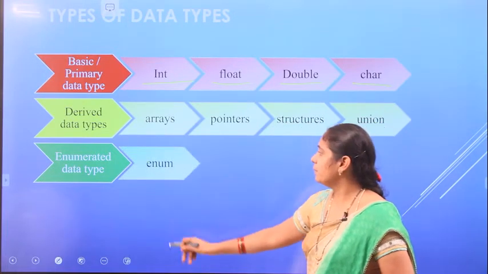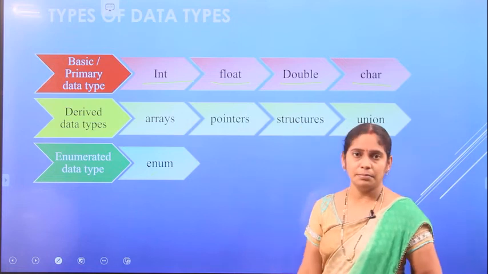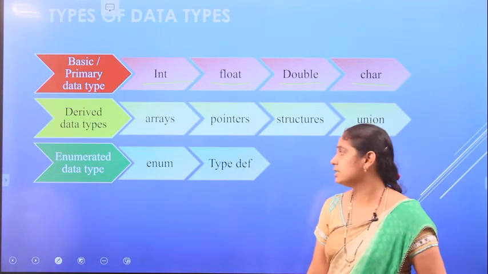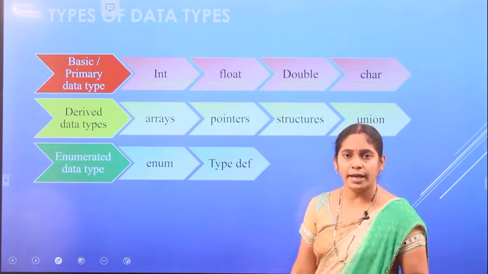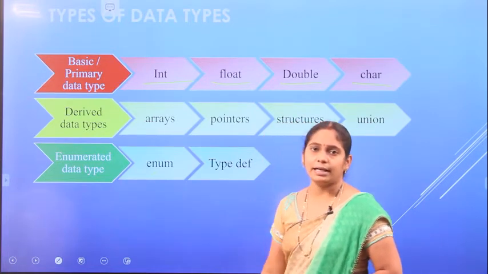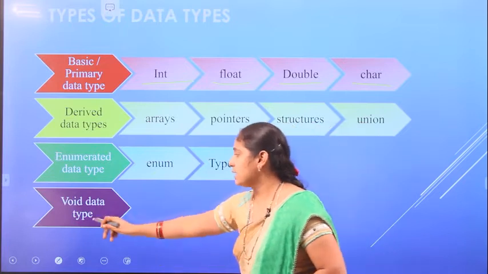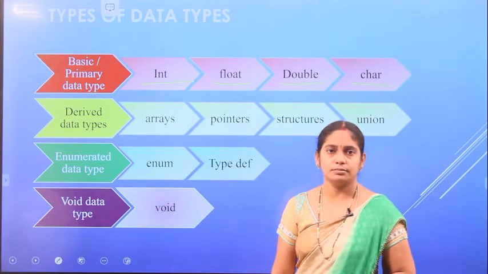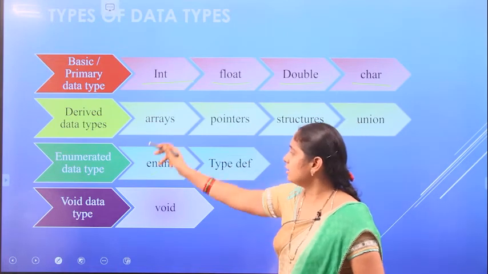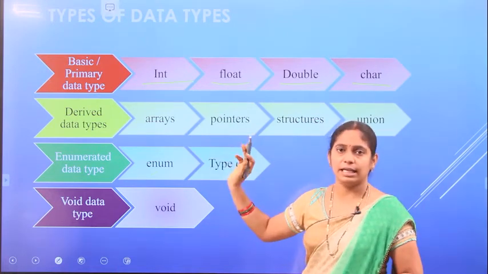Enumerated data type is nothing but enum and typedef. These are the two types in enumerated data type. Coming to the last, void data type. Nothing but void. So these are the different forms of data types.